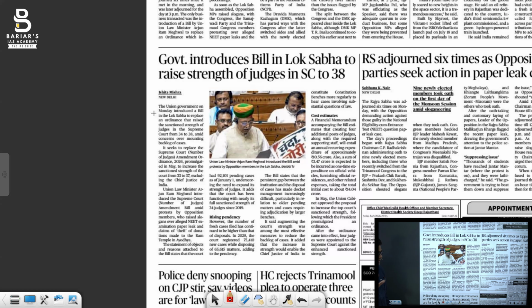So let's try to understand it first, everyone. Article 124 of the Constitution deals with it, so everyone Google Article 124 quickly. I need the article only, I don't need interpretation or anything, so don't open anything of interpretation. The article is given as 124.1, 124.2, 124.3.